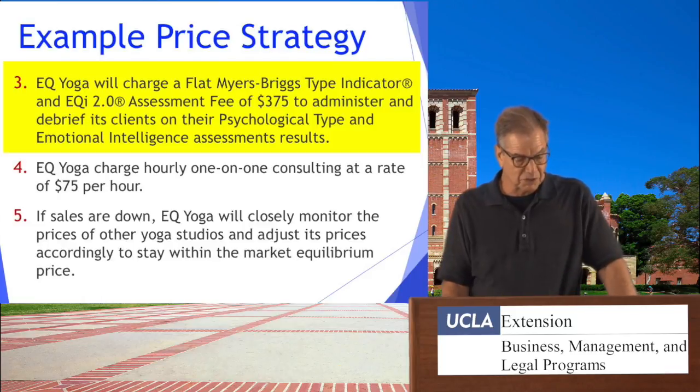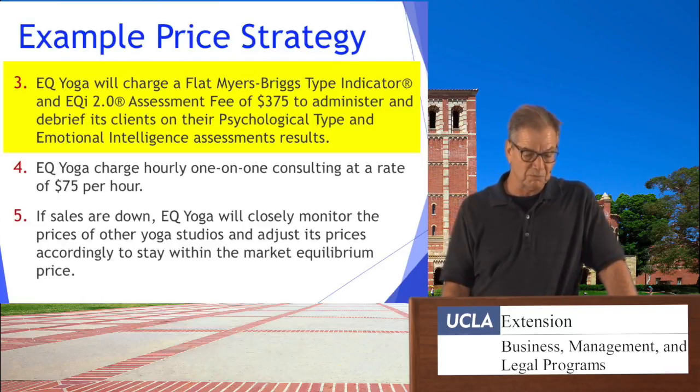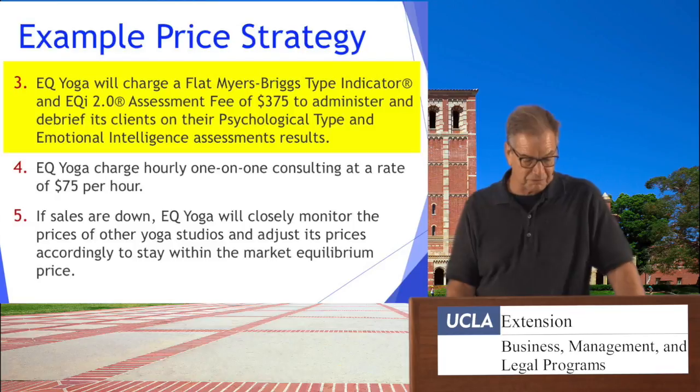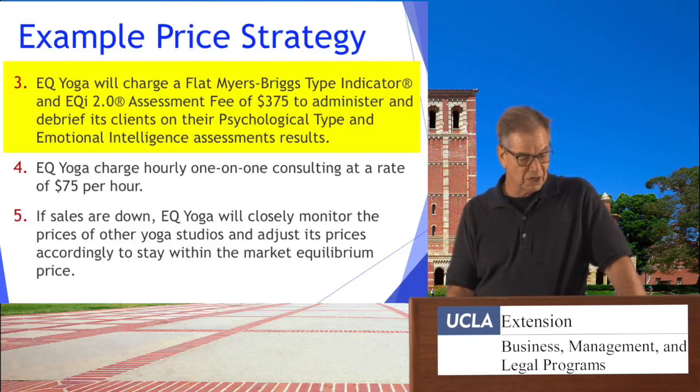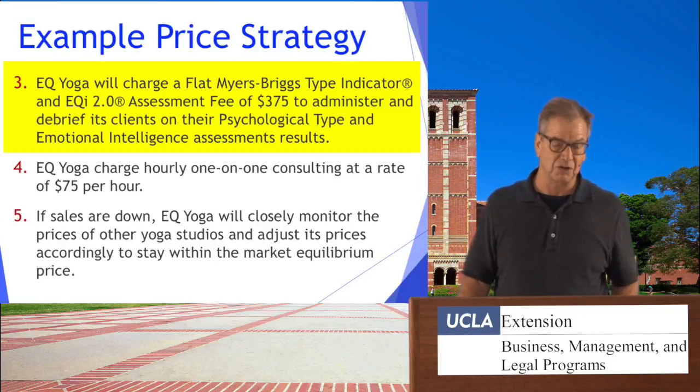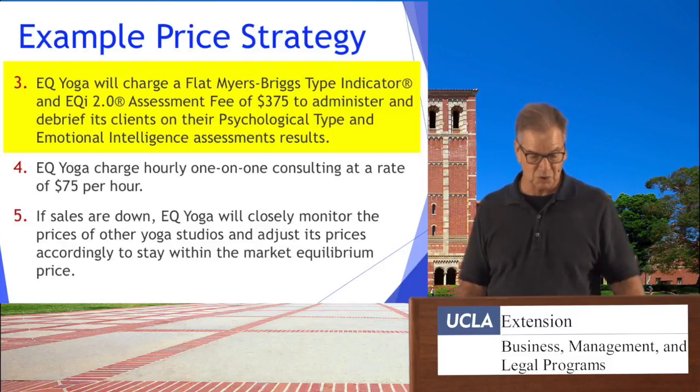Example price strategy 3: EQ Yoga will charge a flat rate for the Myers-Briggs Type Indicator and the EQi 2.0 emotional intelligence fee of $375 to administer and debrief its clients on their psychological type and their emotional intelligence results.